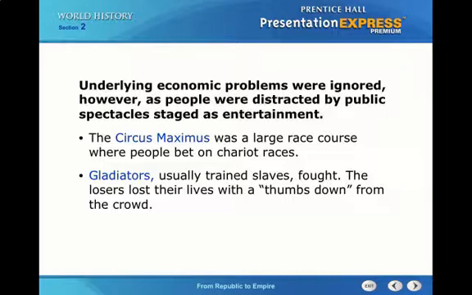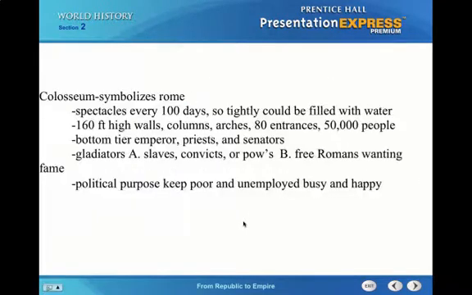They're only designed to pacify these restless mobs, to really kind of keep them in a state of mind-numbing idiocy in some ways, and nothing is done to change the problem. So they spent a lot of money on these circuses and on these gladiatorial contests rather than actually fixing any real problems. And so when you look at this Colosseum, it really symbolizes Rome.